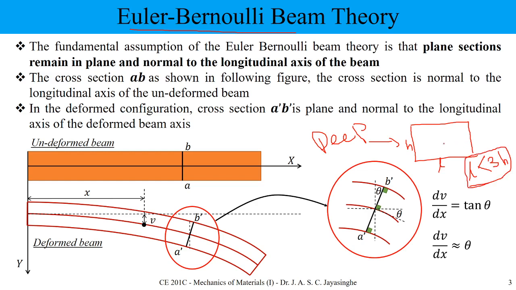In the deep beams, of course, we need to consider shear deformation as well as flexural deformation, both. And if we come this way, then we cannot assume plane sections remain plane. So that's why this is a little bit complex actually. Handling this level is a little bit complex.